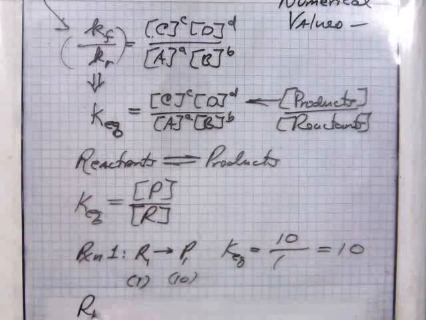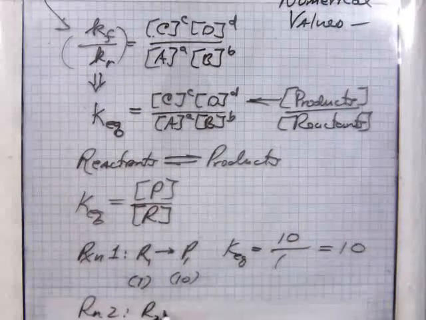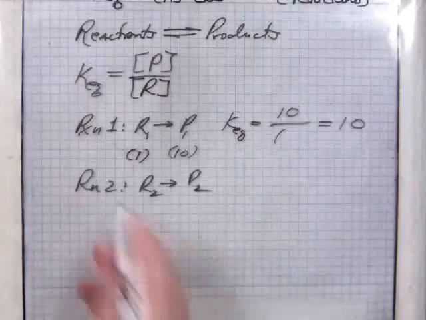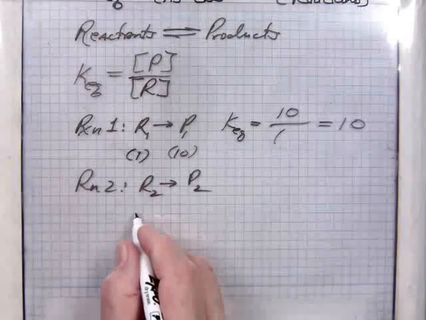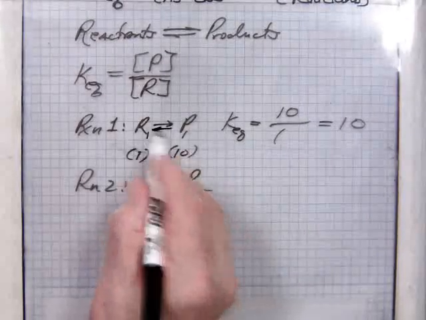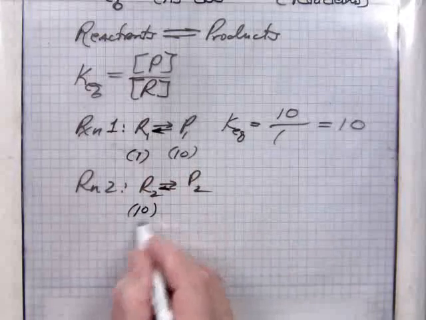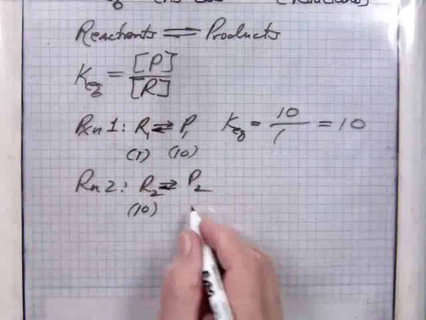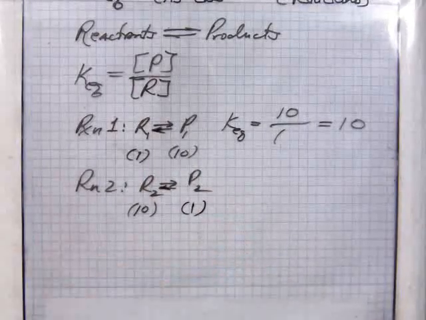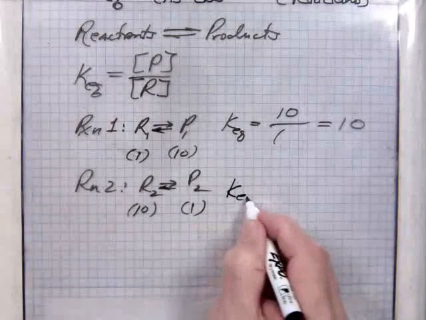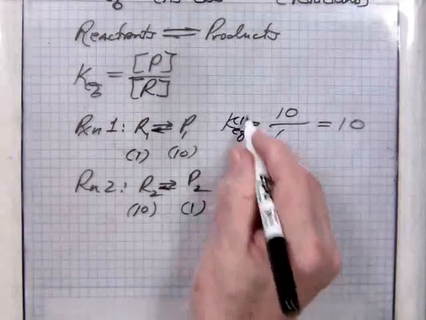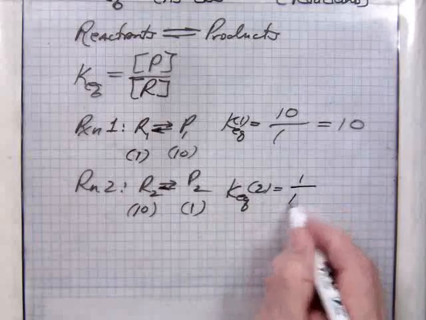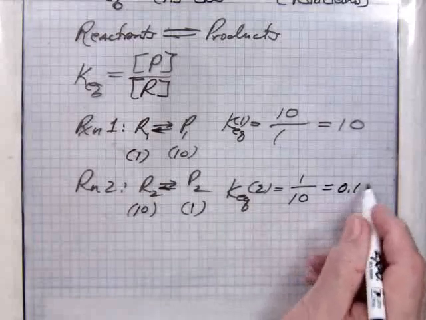But reaction 2, reactants 2 go to products 2, at equilibrium we find the concentration of reactants winds up at 10, okay? And the products are 1. So your KEQ for number 2, this is number 1, is products over reactants, 1 over 10, which is 0.10.